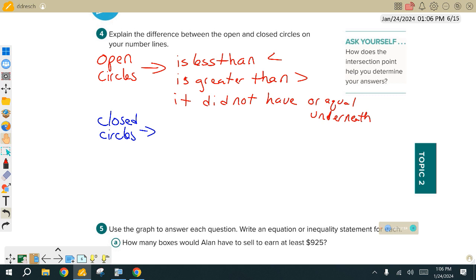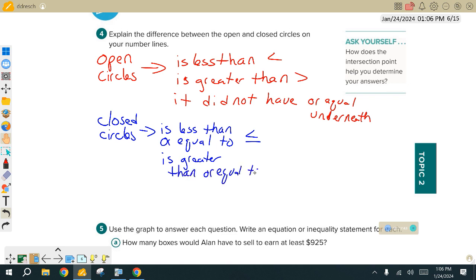So when we do use the closed circles, we do have is less than or equal to, or we do have is greater than or equal to. Okay? So those are the symbols of where we're putting those closed circles. We talked about those yesterday, started reviewing those. Alrighty.